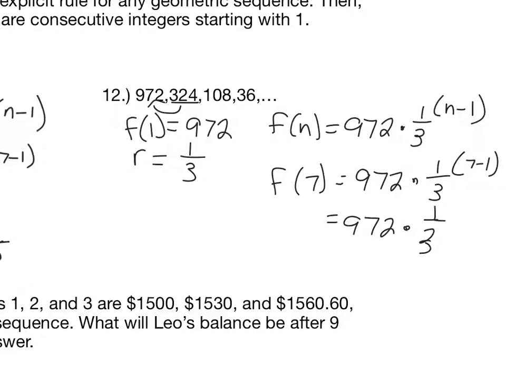So 972 times 1/3 raised to the 6th power. And if you put this in your calculator, looks like you get 1 1/3, or 4/3 if you change it to a fraction. If not, it would be 1.3 repeating.